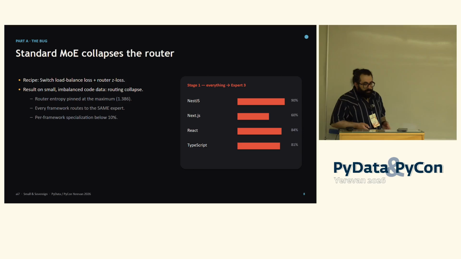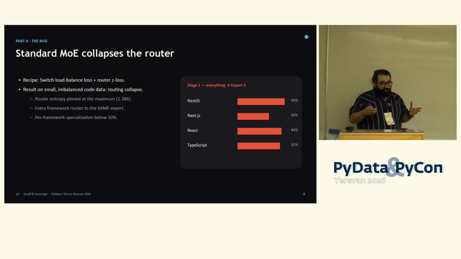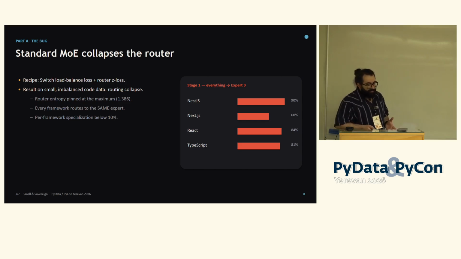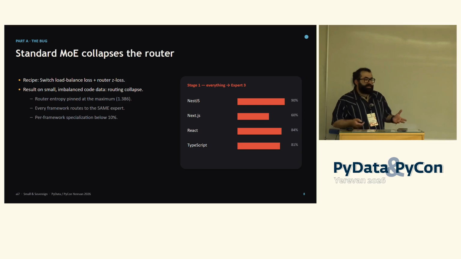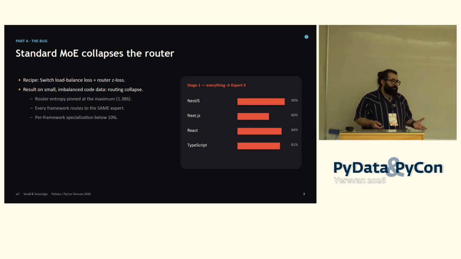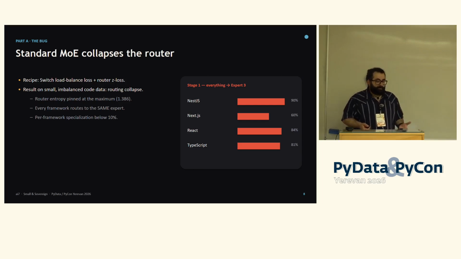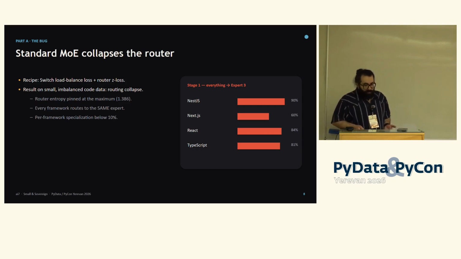What went wrong during our experiment was the standard MoE collapse. Mixture of experts, the experts collapsed midway and we couldn't generate readable or compilable code. And the router entropy was pinned at the maximum and we couldn't basically get it working properly.